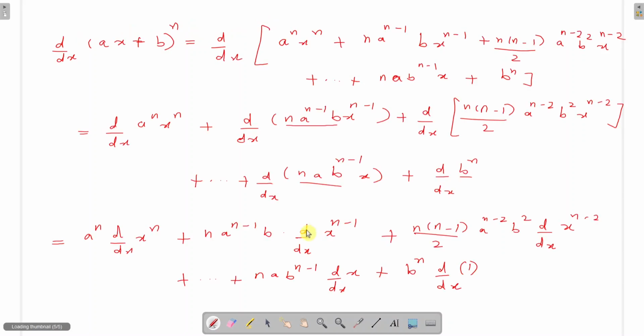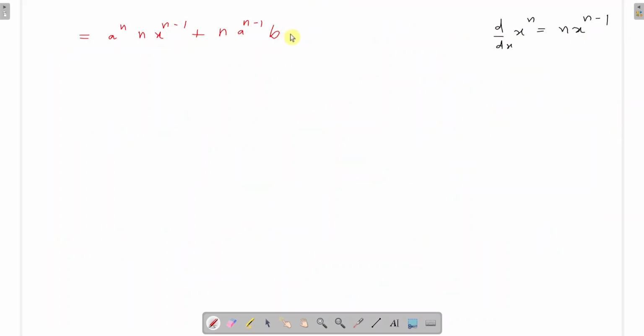And again the formula we have to use here. So the derivative of x raised to n minus 1 is n minus 1 times x raised to n minus 1 minus 1, that is, n minus 1 times x raised to n minus 2.